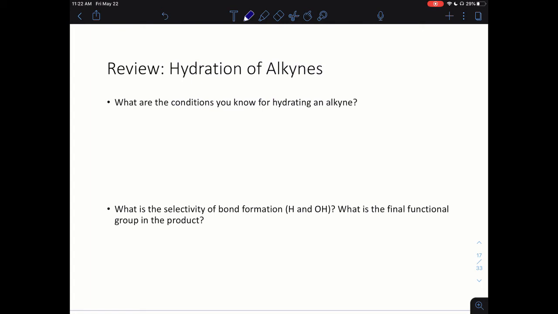Let's move on to alkynes. So what are the conditions that you know of for hydrating an alkyne? Well, you can pause. We've learned oxymercuration.